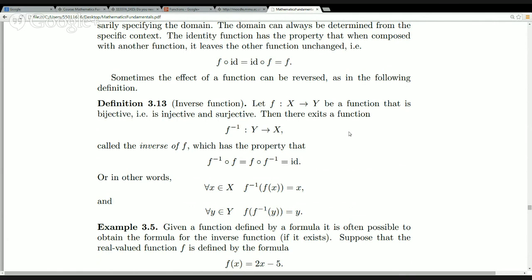It just sends everything back to where it was. And then you get this relationship that f after f inverse, or f inverse after f, is always the identity function on the appropriate domain.